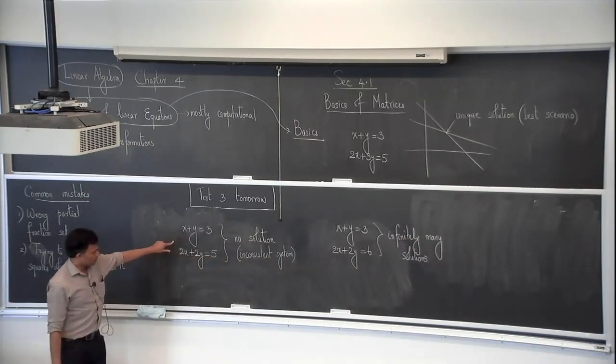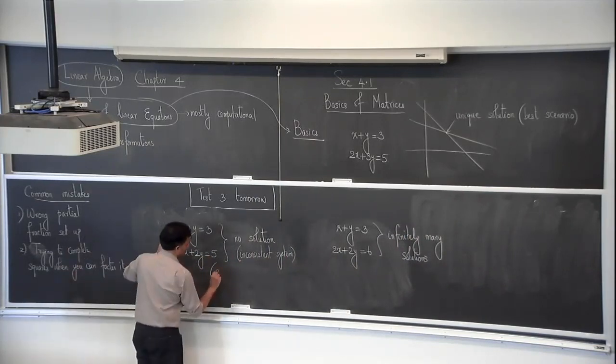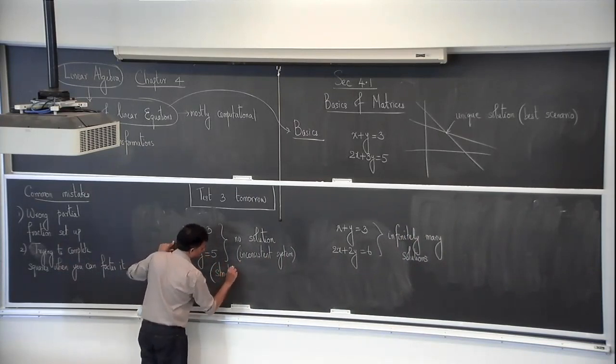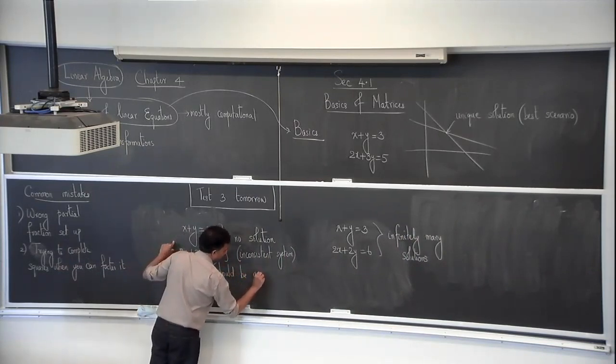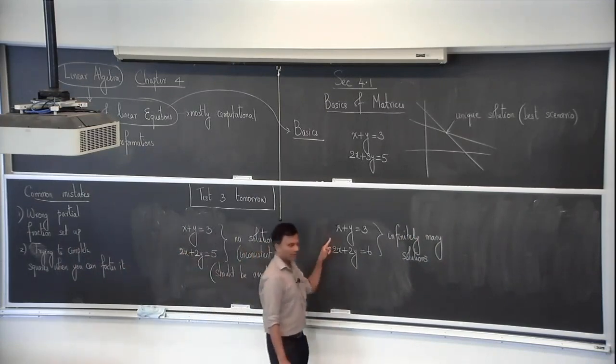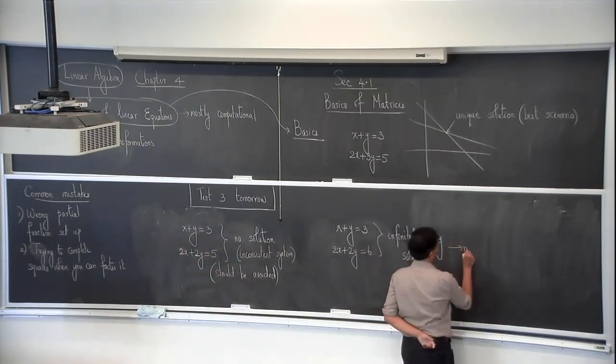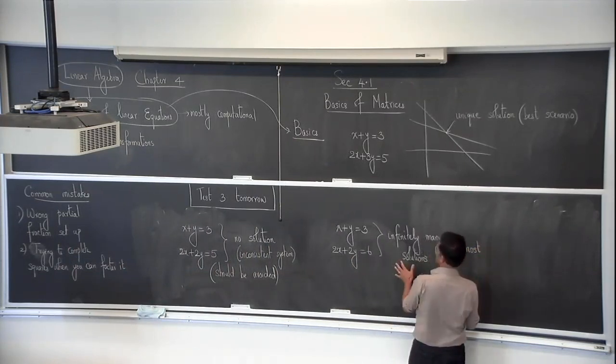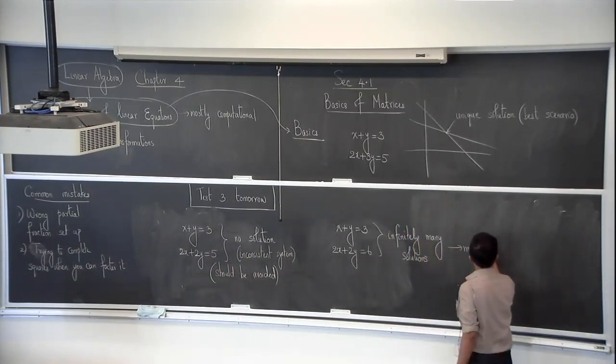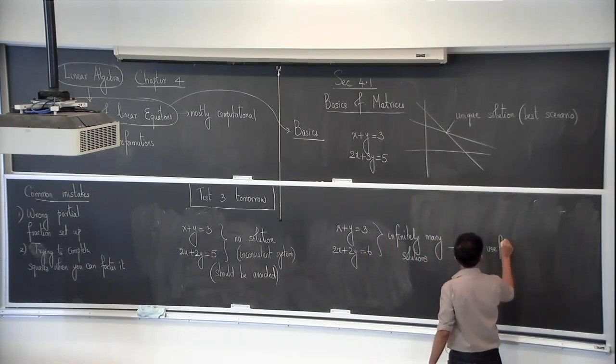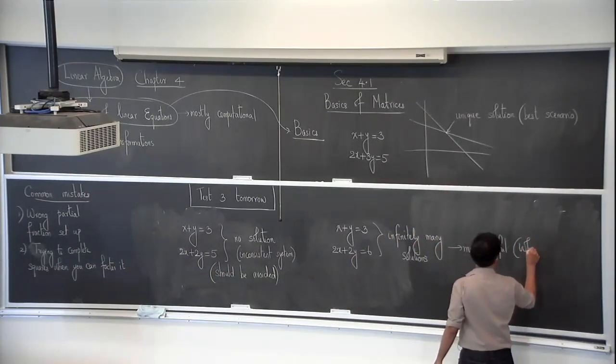The case with no solution is interesting because we need to avoid this one. The case which comes with a lot of information that is useful for us is this one. I know it's surprising. Why is this useful and not that one? We'll see this. Why?